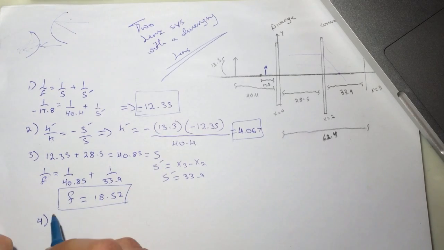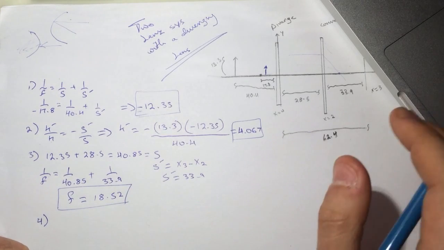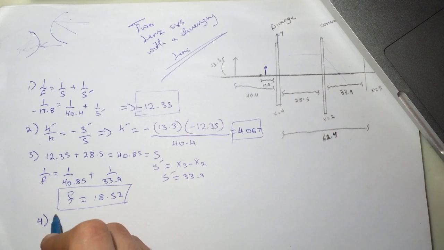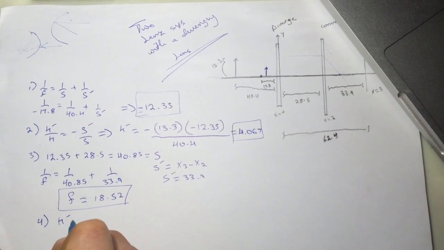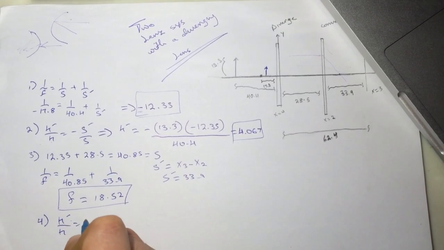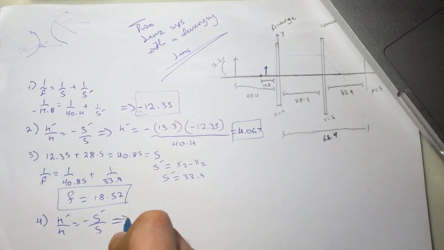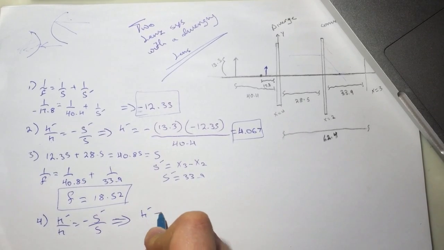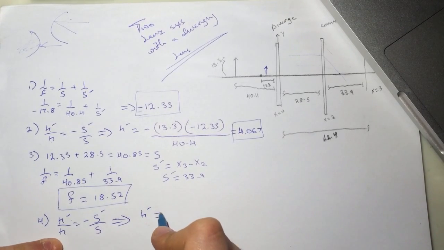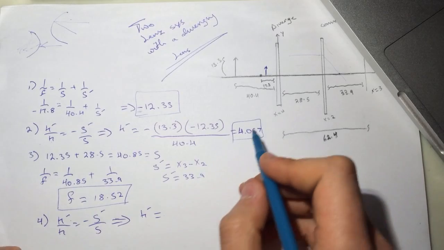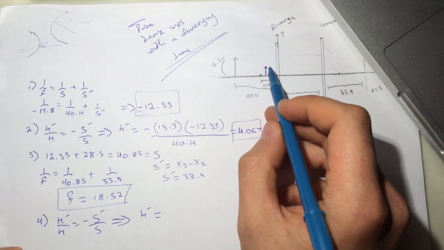Anyway, let's finish this. They want the y3. Okay, let's do the same. H prime over H equals S prime over S. So they want the H prime, which is the height. The height we're using is this height here, right?